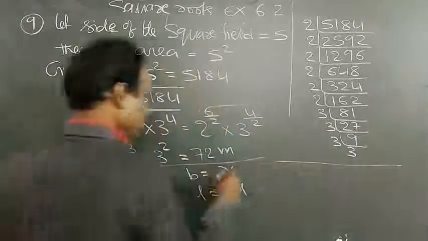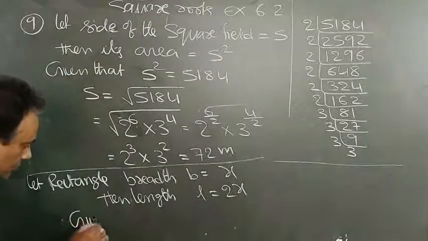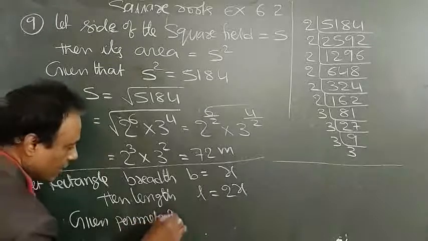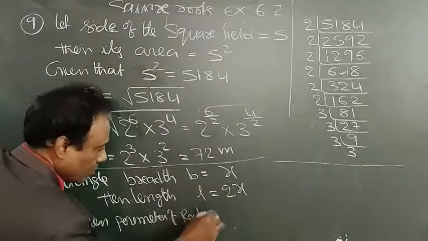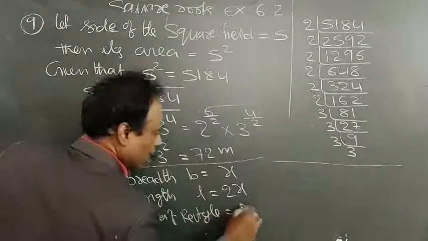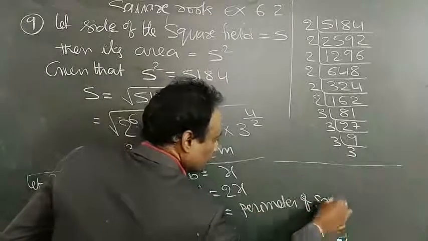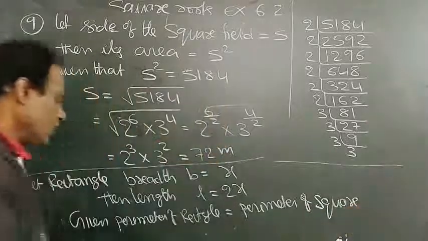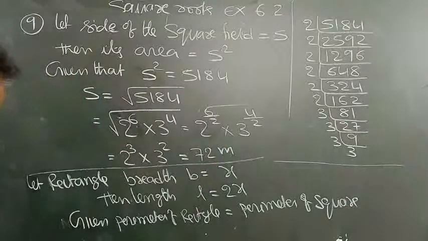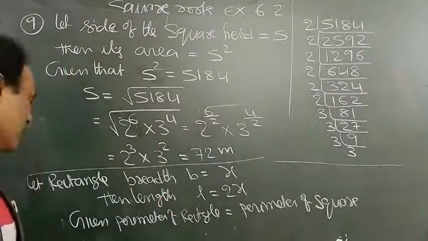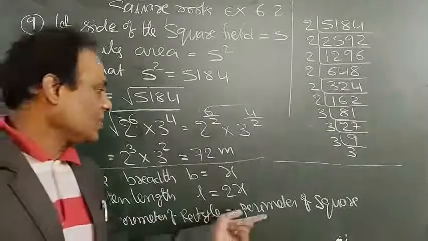Given: the perimeter of the rectangle is equal to the perimeter of the square. It is given. See here, students. Find the area of the rectangular field whose perimeter is equal to the perimeter of the square.